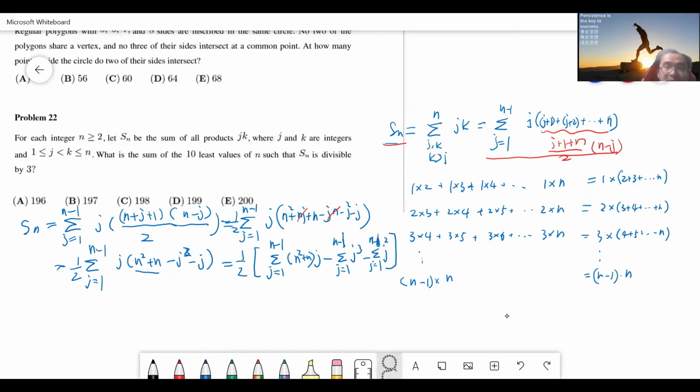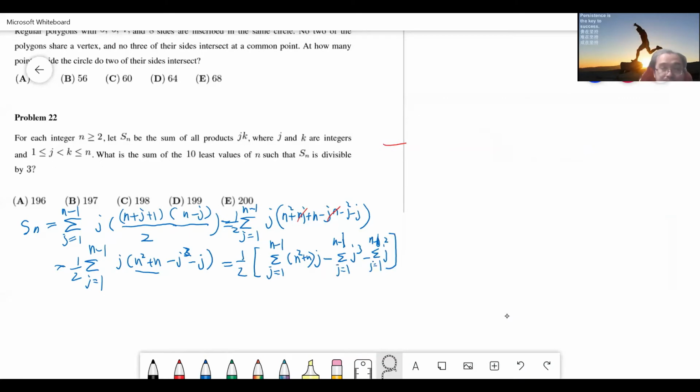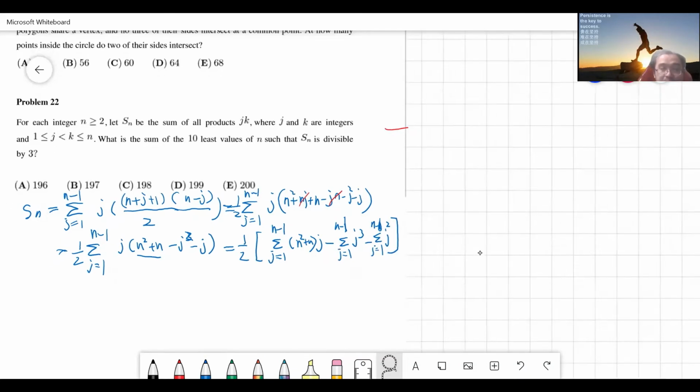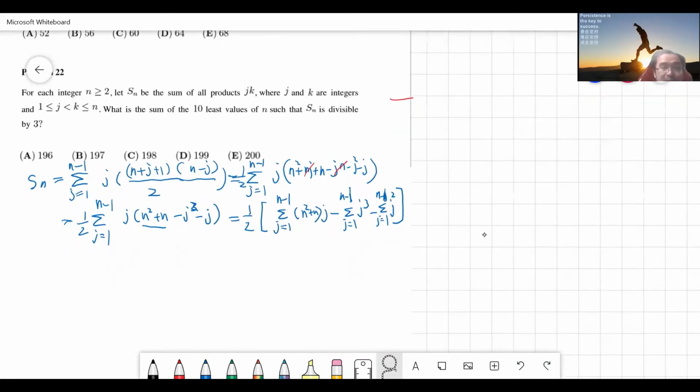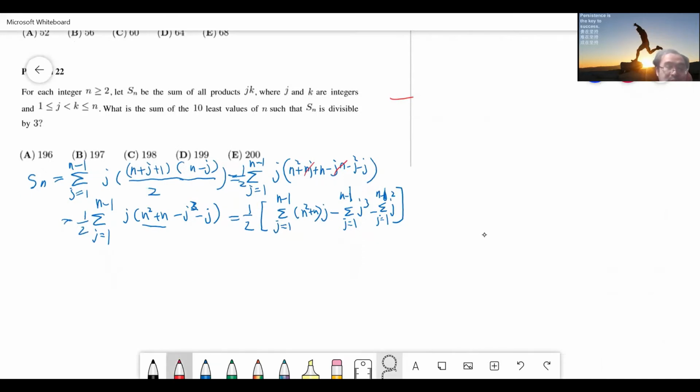So let me clean this, make more space. All right, so now we just need to simplify this. We have this summation, and this summation, right? I just point out this part, this n squared plus n is just a constant, right? So we can bring this to the front.